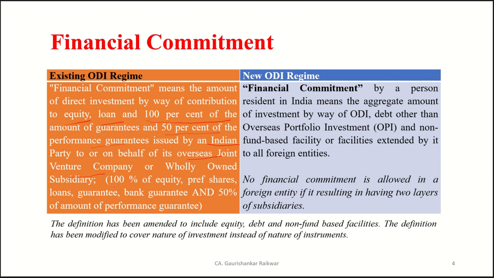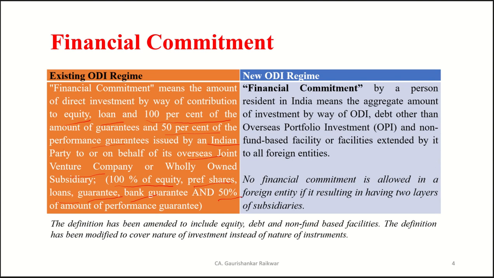So basically it was 100% for equity, preference shares, loans and guarantees, but 50% of the amount of performance guarantee. So there was a criteria of percentage for certain instruments. If it is a performance guarantee, then 50% of the amount of the guarantee was considered as financial commitment. Other than performance guarantee, the remaining instruments were counted at 100%.